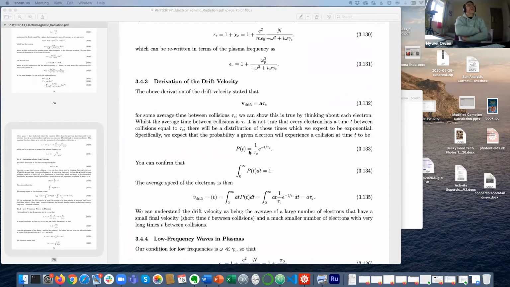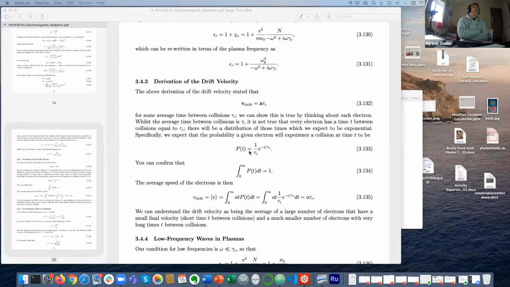So the way we need to think about it is that it's not true that every single electron in between collisions accelerates from rest and then gets up to some velocity v drift and then experiences a collision that brings it back to rest.